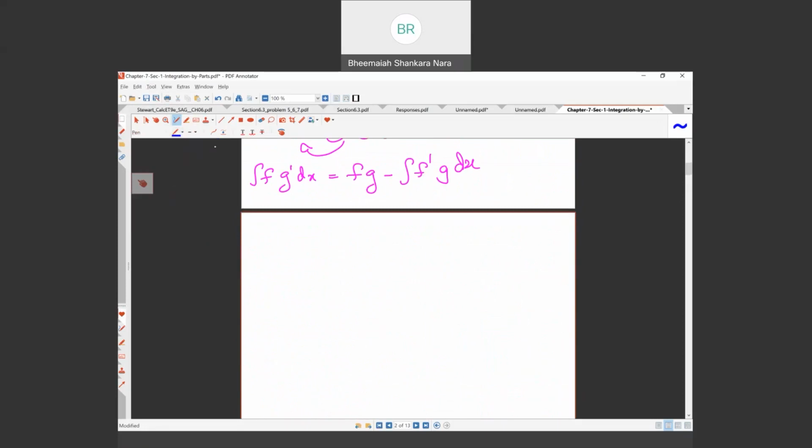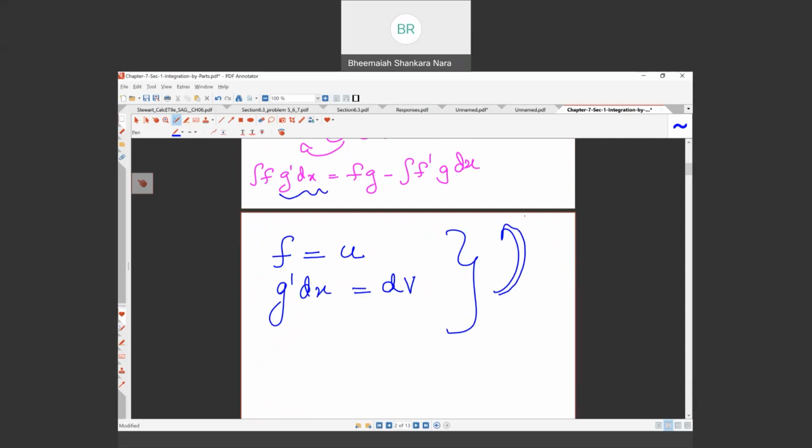Let's write f, a function which is renamed as u. And g prime dx, we see these expressions here on the top, g prime dx, we are going to rewrite it as dv. So let's use these two substitutions and rewrite the entire integration formula on the top. So the new integral looks like this. It's the integral of u dv equals u times v minus the integral of v du.